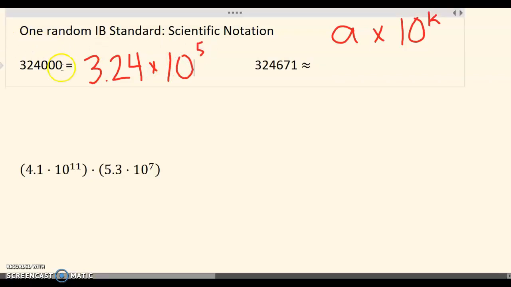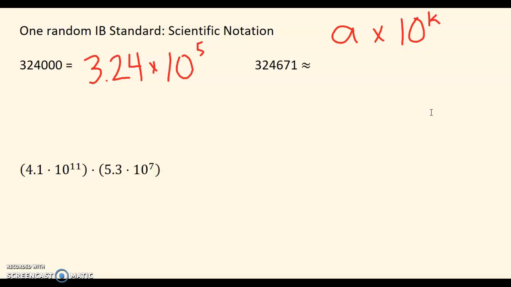Like going back to elementary school math, how many times do you move the decimal? 5 times, 10 to the 5th. And so something to note, in IB we care about 3 significant figures.